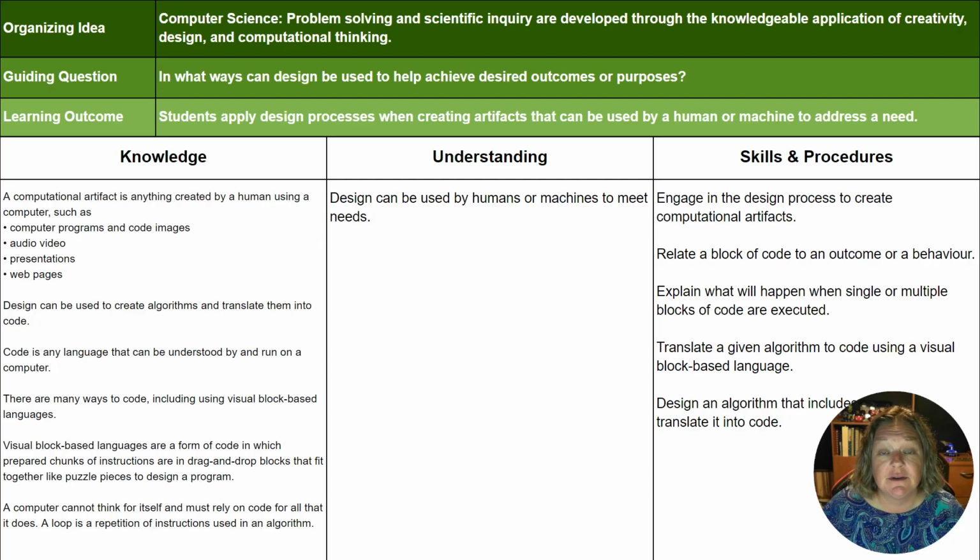So anytime students can create something in a system like Scratch to show you what they know about another topic, you're going to be able to cover computer sciences along with that other topic, and students are going to get a deeper level of understanding of what they're doing with those computer science skills as they're making connections to other knowledge that they're sharing.